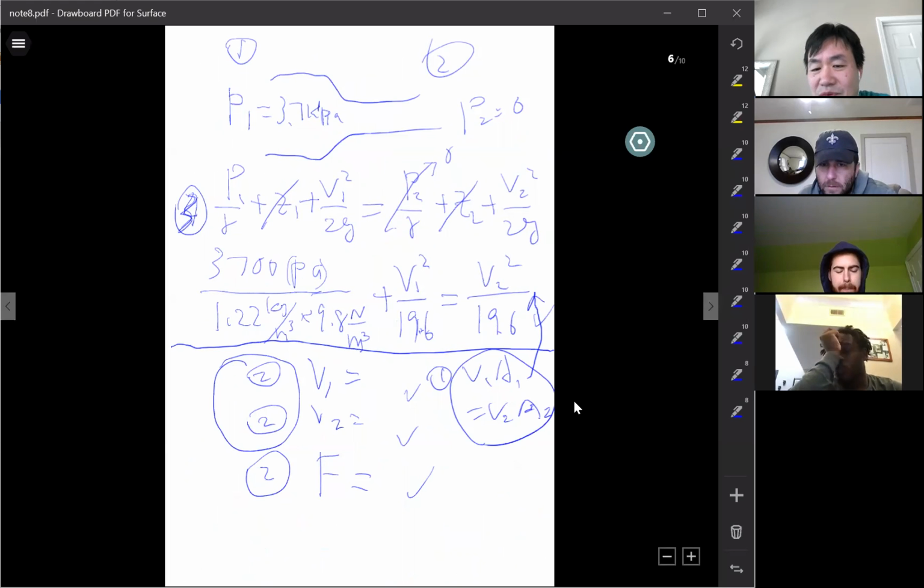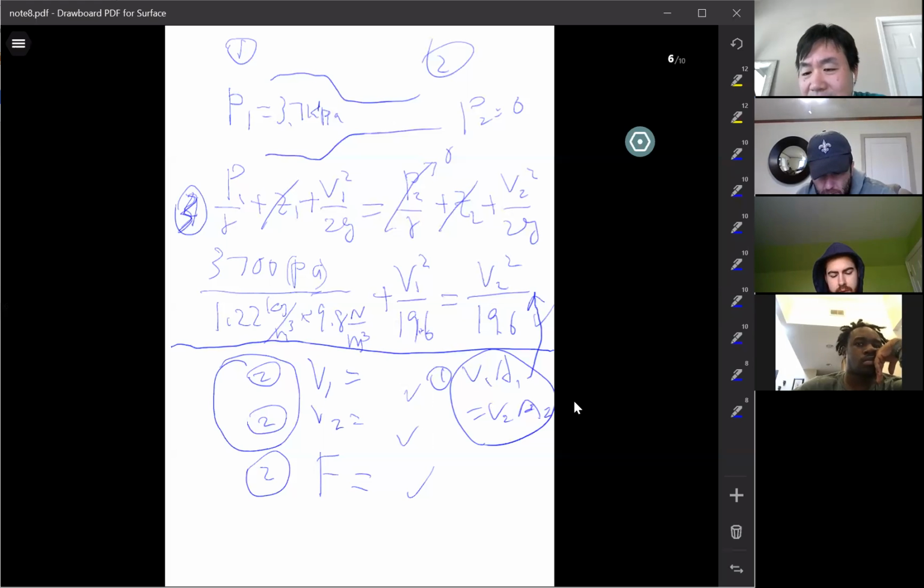V1 can be equal to something times V2. Just substitute there. V1 squared becomes something times V2 squared too. So you have only one unknown, V2, you can calculate it. Is that right, everybody? Okay, so that's how you solve this problem.